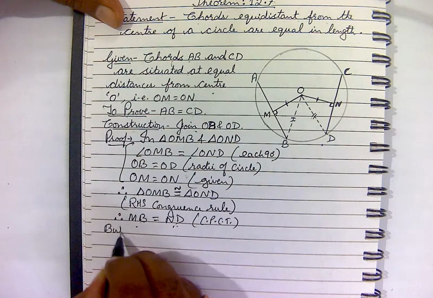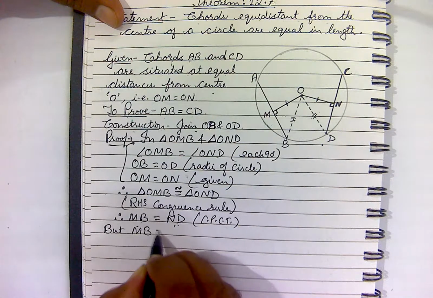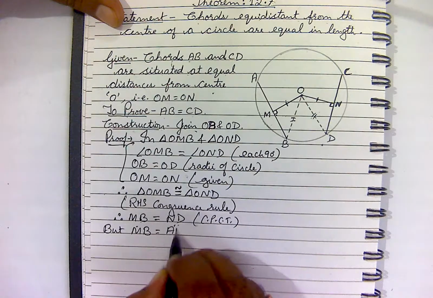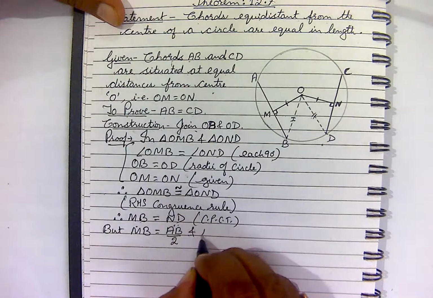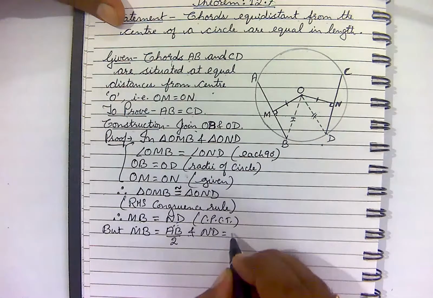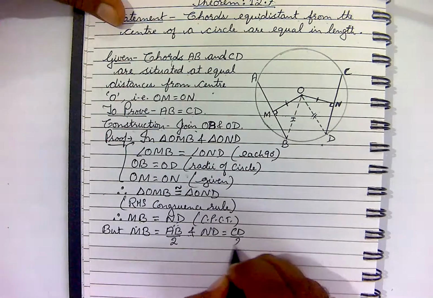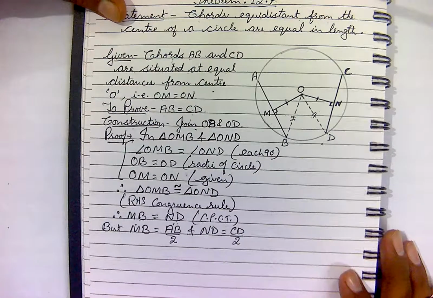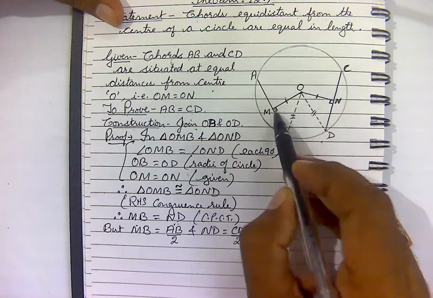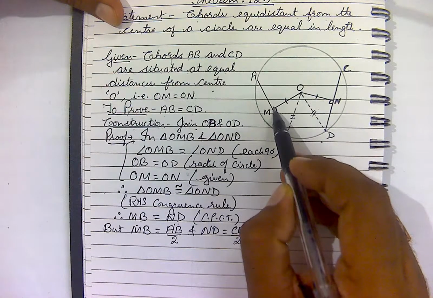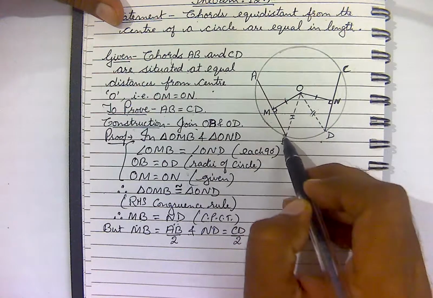Now MB and ND are equal, but MB is half of AB and ND is half of CD. Now why are they half? Because again here OM is the perpendicular drawn from center to the chord.